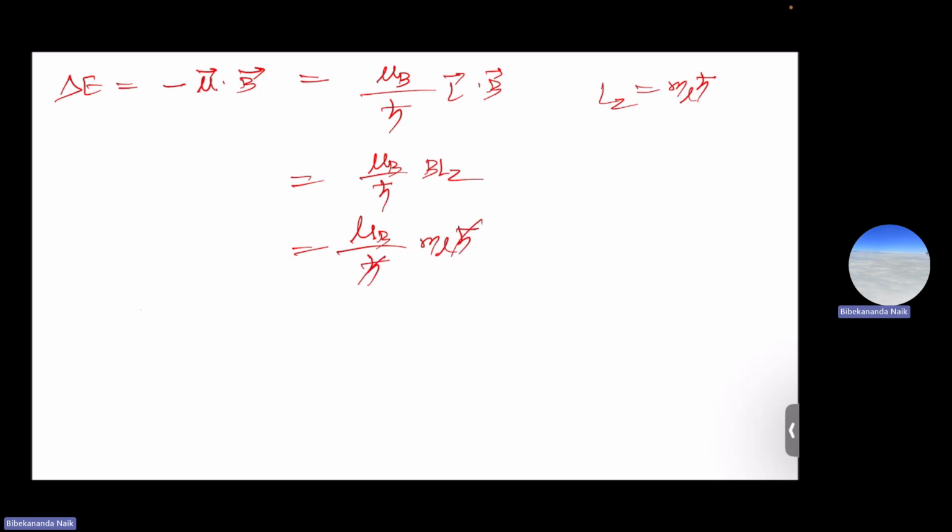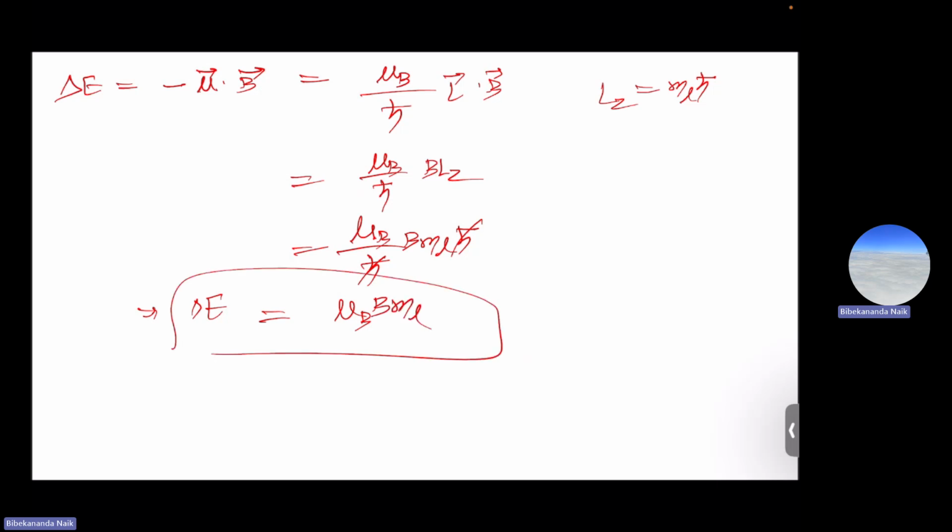So h cross gets cancelled out. So delta E is mu B B ml. Depending upon the value of ml, we will have different energy levels, the selection rule will be 0, +1, -1, and we will have 3 levels.